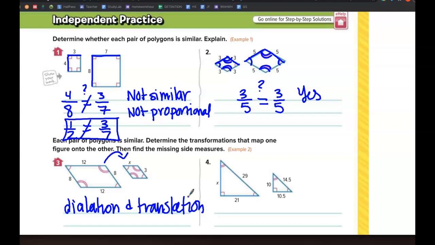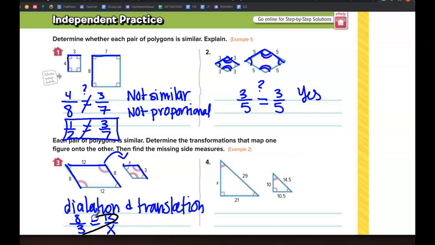Then we need to compare and figure out what the missing side measure is. So again, I'm actually going to use this side. This side is 8, and I'm comparing it to this side, which is 3. And that needs to be equal to 12 over its corresponding side, which would be x.